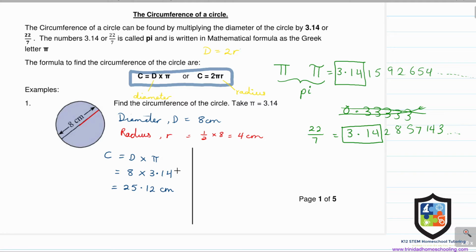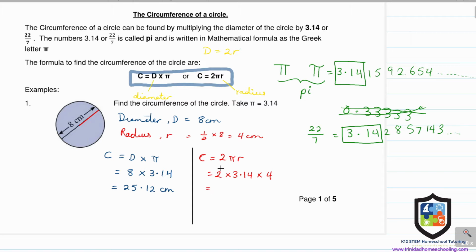Now let's use the other formula. Let's use the radius formula. Circumference is equal to 2 pi r. 2 multiplied by 3.14 multiplied by 4.